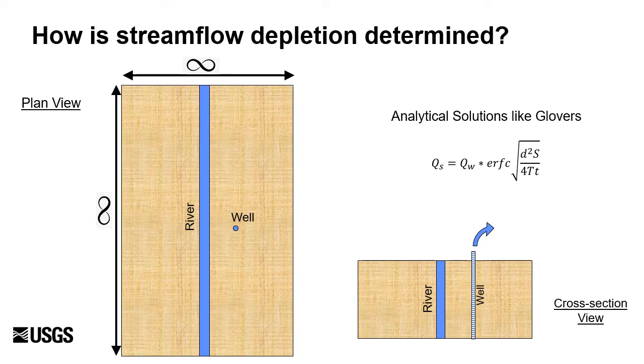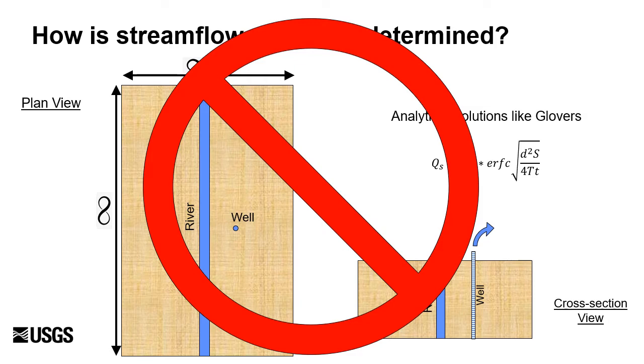But once you start looking at entire regions or watersheds and multiple wells, you start to deal with the breakdown of the assumptions, especially the simplified geometry as well as the assumption of homogeneous aquifer conditions. When that happens, the Glover and other analytical solutions can no longer be used, and another method must be used.